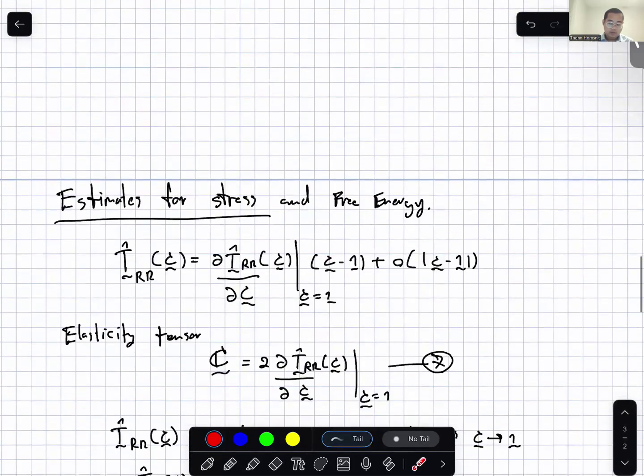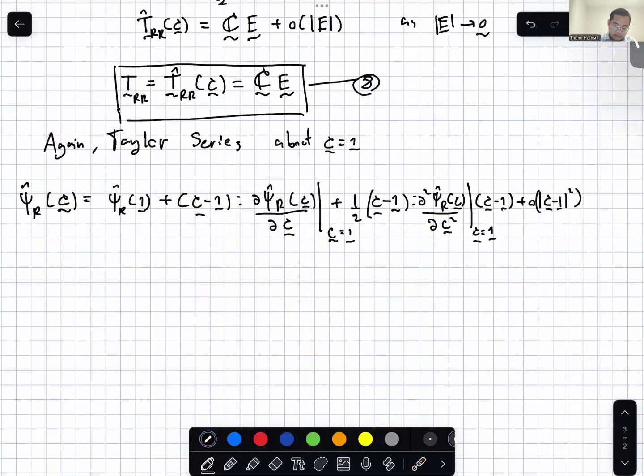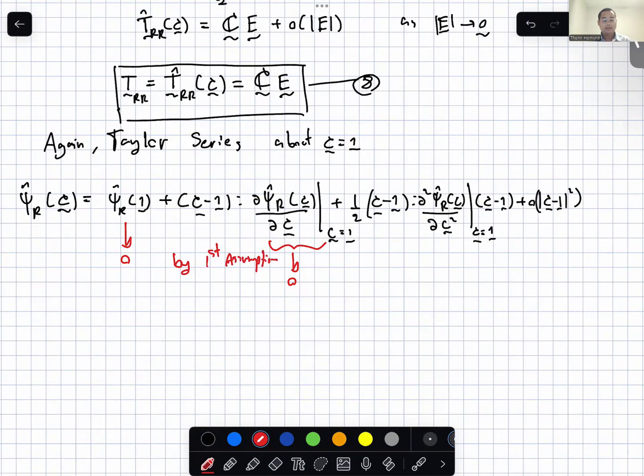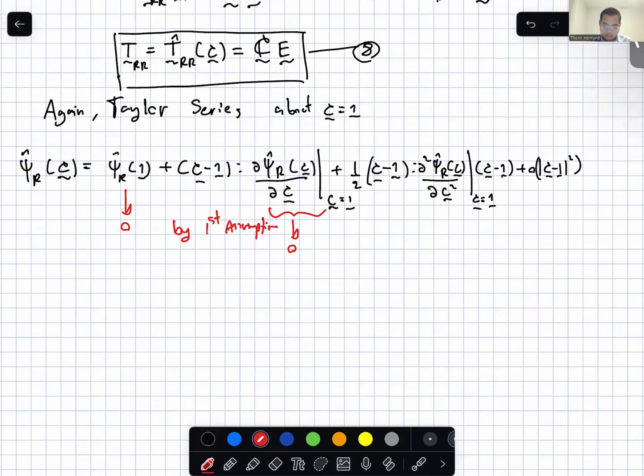So now we know that these terms are going to be 0 by the first assumption. And this one is going to be something else.